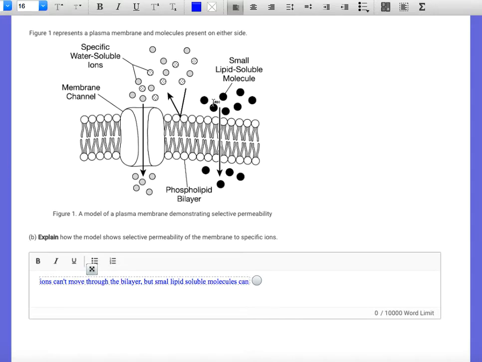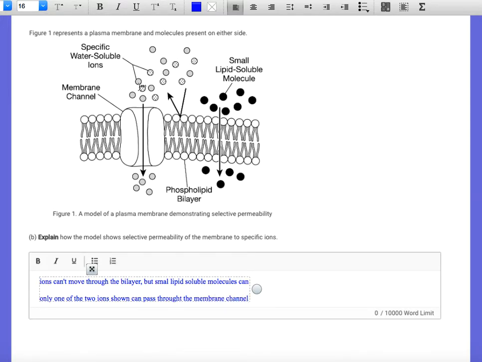They can just go right through that phospholipid bilayer, that plasma membrane. The other thing I see is that only one of the two ions shown can pass through the membrane channel.